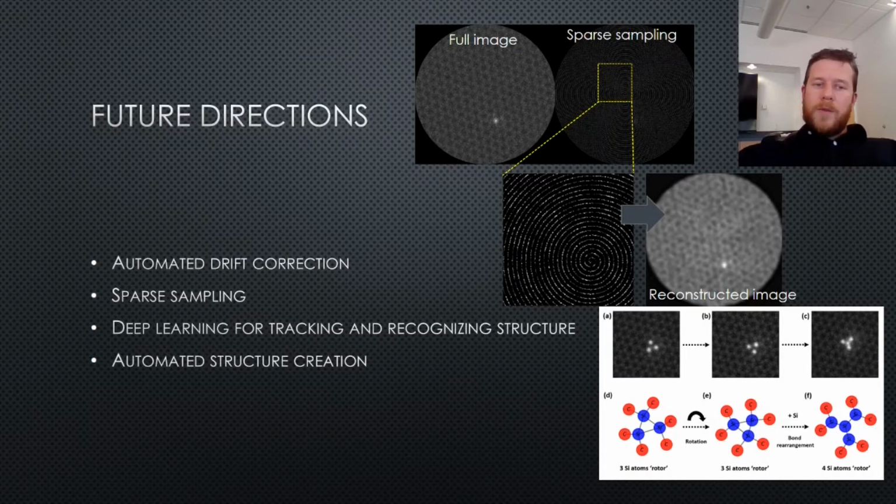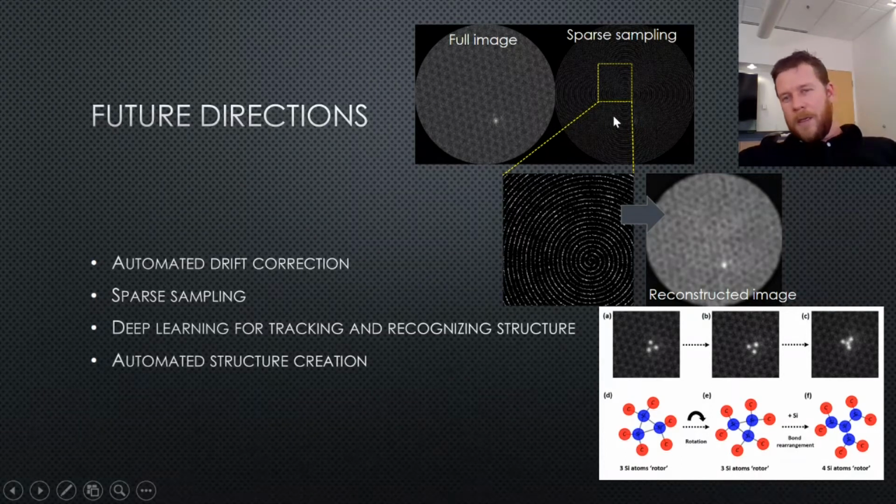So along those lines, we will need sparse sampling, because we don't want to take 10 seconds to acquire an image to determine what our drift is, because that's too long. What we need to do is scan very rapidly. So here's an example. Here's a full image, and we just sampled that full image very sparsely. We actually threw away most of the data, and here's what it looks like if you zoom in very close.